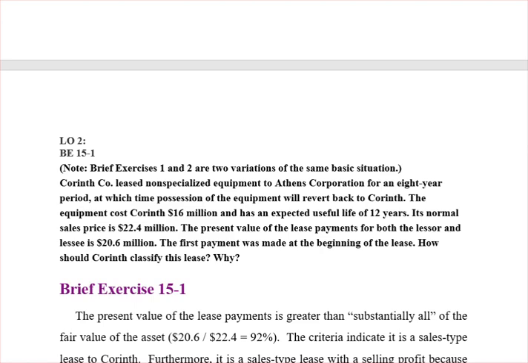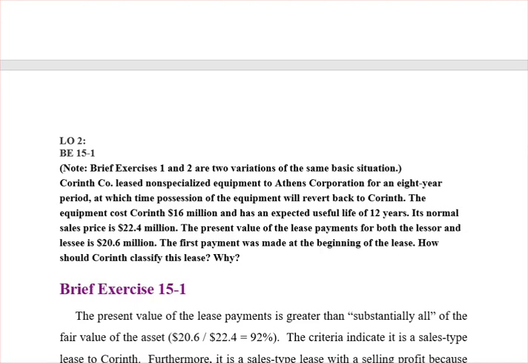So what you basically need to do here is go through the criteria, and they gave us a fair value of the thing. The fair value here they're going to say is the sales price. The present value is 20.6 and the fair value is 22.4, so that becomes 92%.